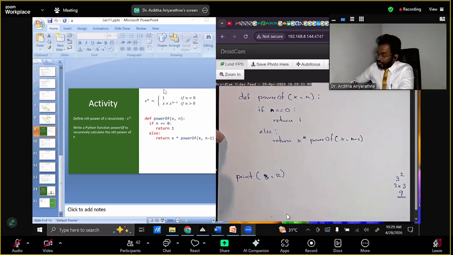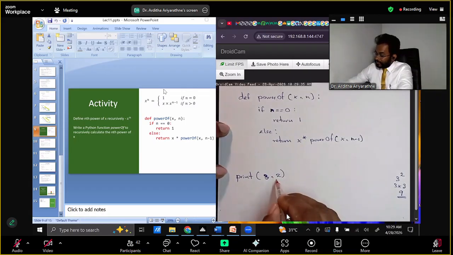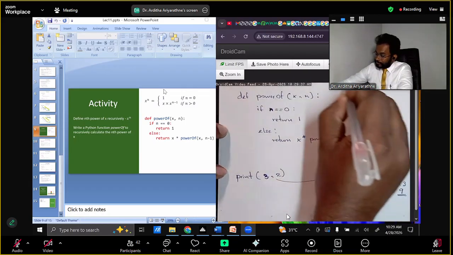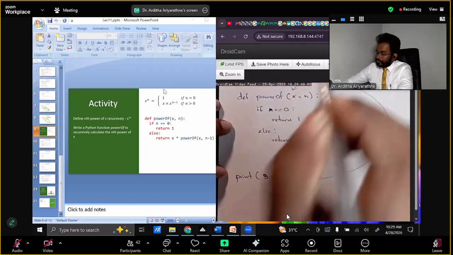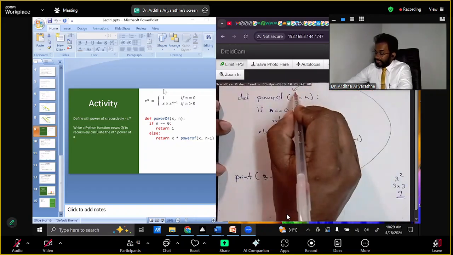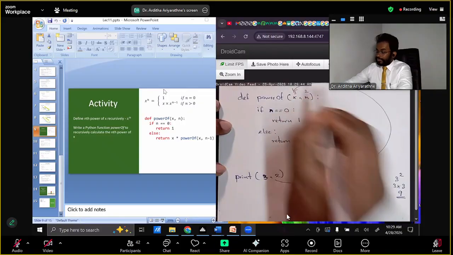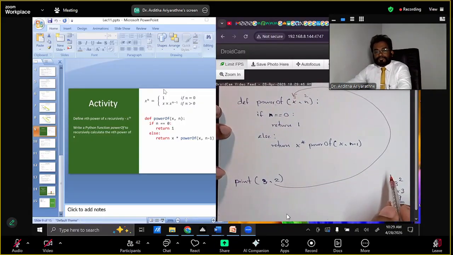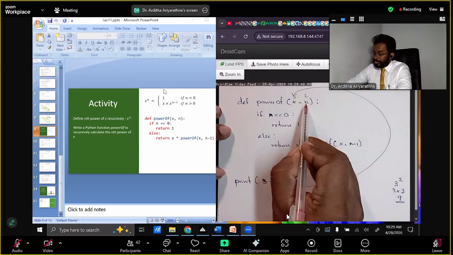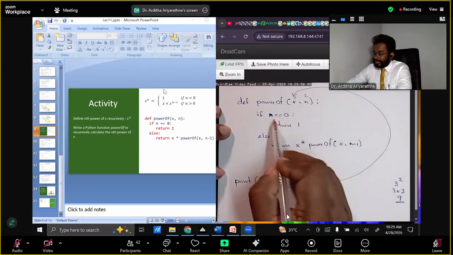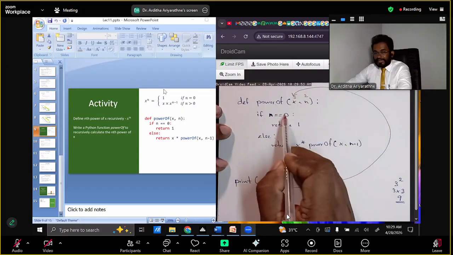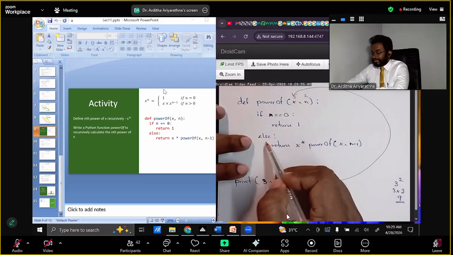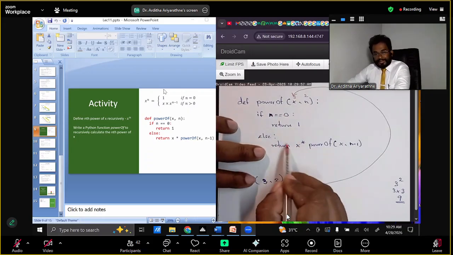The initial call is this one. We are getting 3 and 2. Now this is 3, this is 2. Still n is not equal to 0. The if condition is false, so we are going to else. Then we have a return.